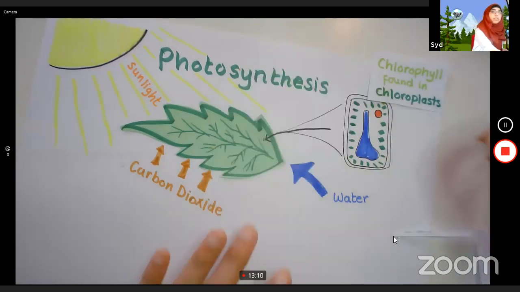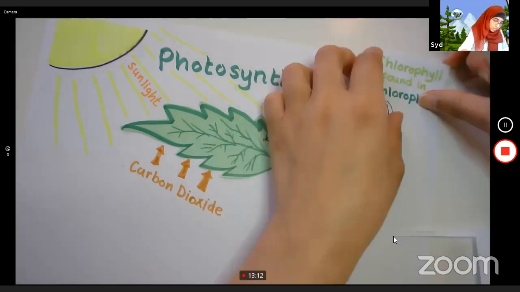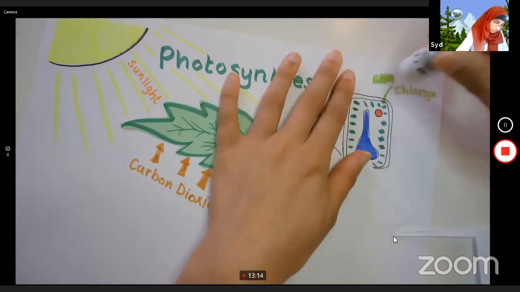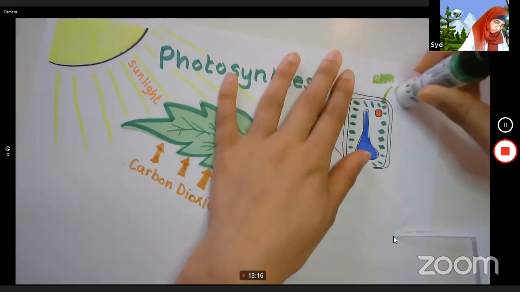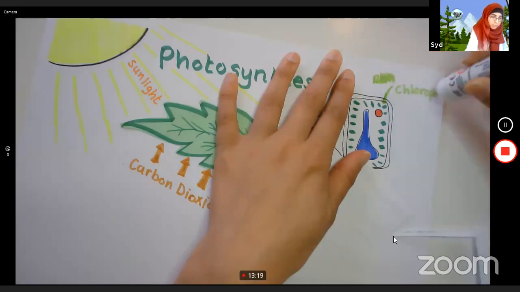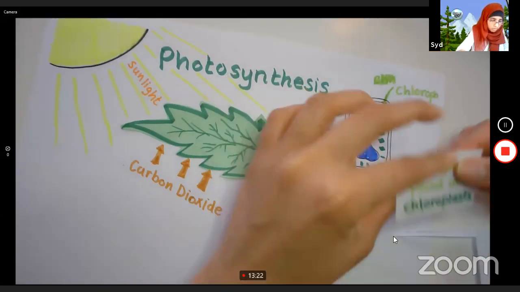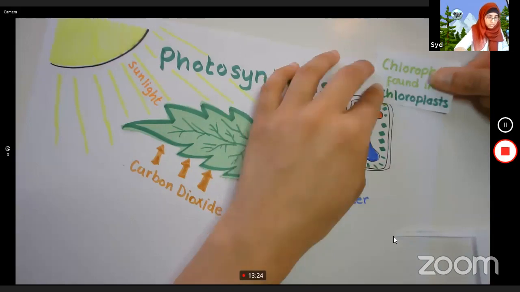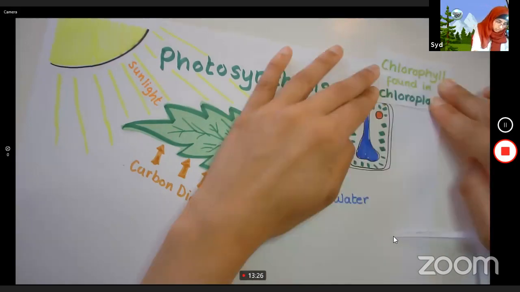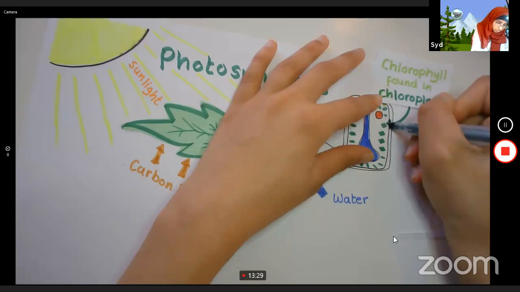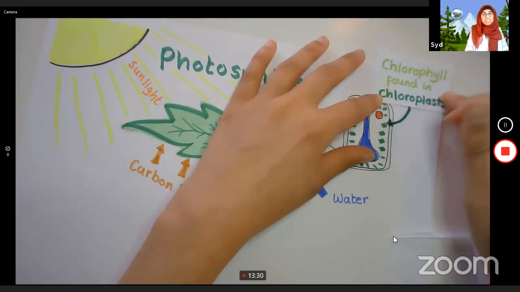So where's my glue that was getting everywhere earlier? Now we're going to put some glue over here. And we're going to stick that there. Okay, and I'm just going to take an arrow and label these are the chloroplasts. So the green bits here are the chloroplasts.